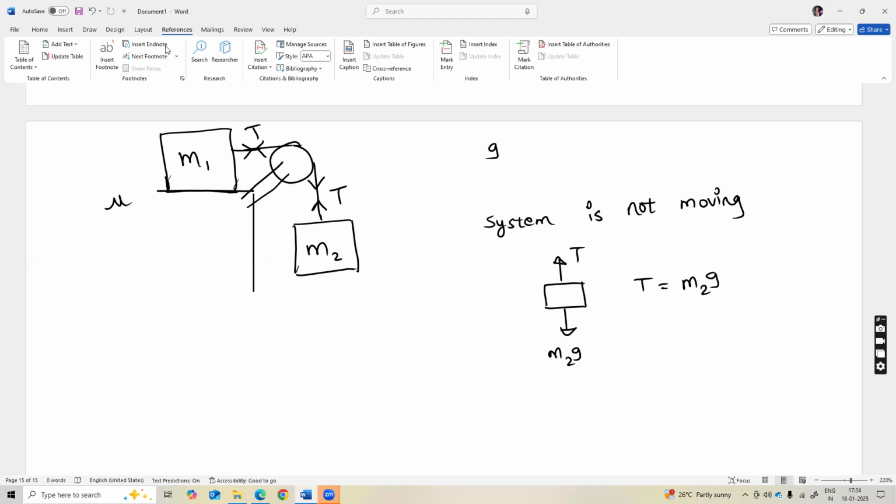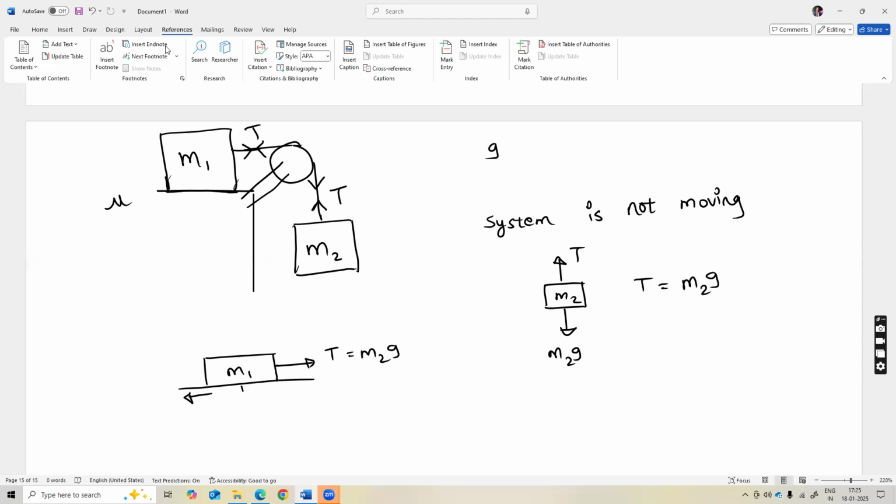Now if you see the free body diagram of M1, this T is the tension, which is equal to M2G, which is trying to pull it rightwards. Therefore, there will be friction, which will act in the opposite direction.